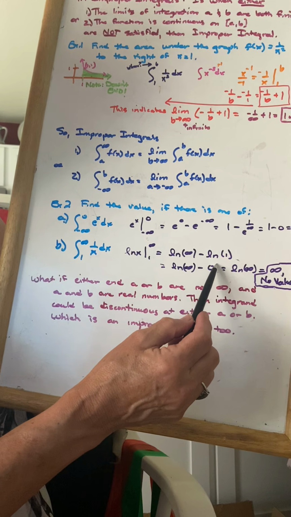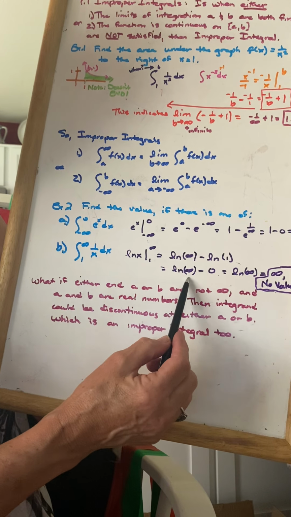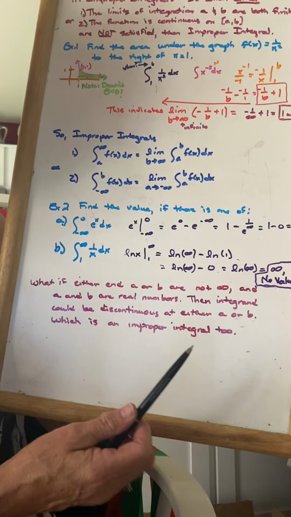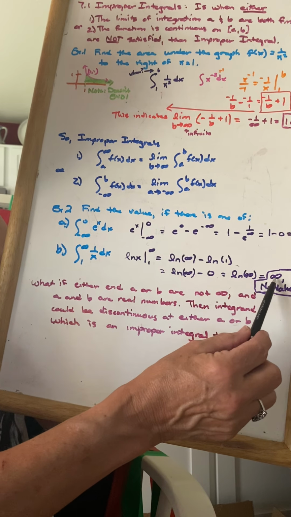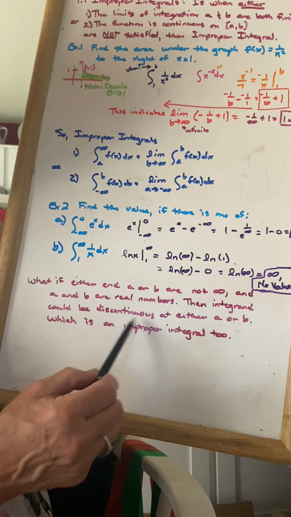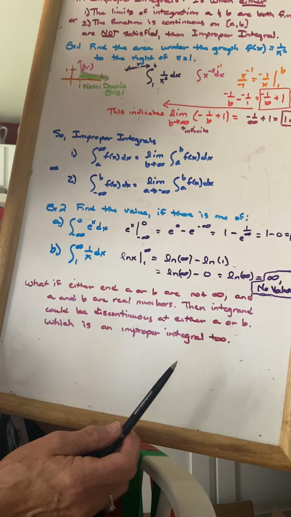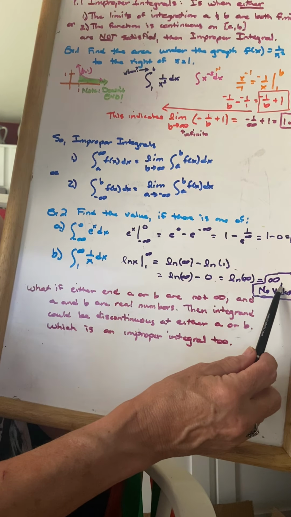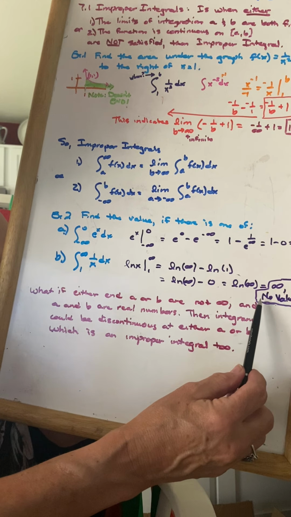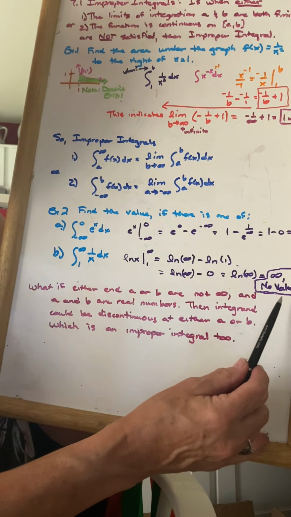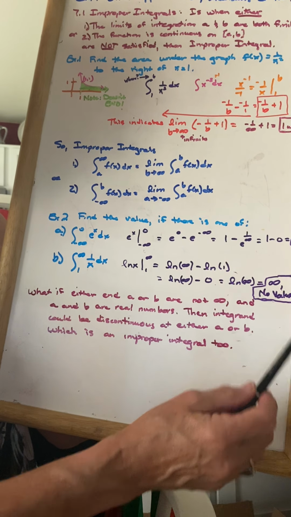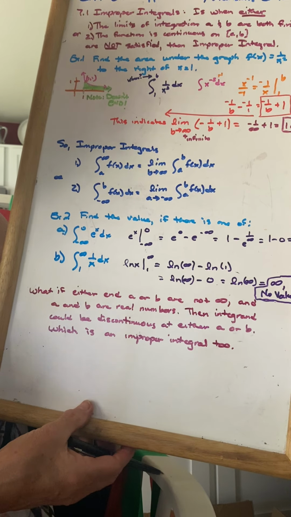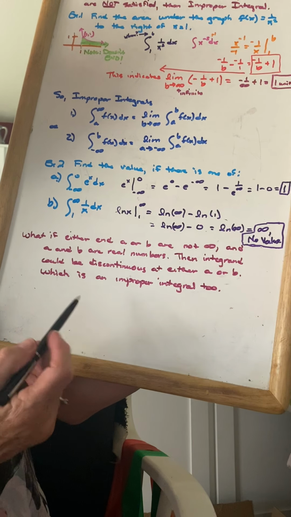Well, I know the natural log of 1 is 0, but what's the natural log of infinity? It's supposed to be a very big number, so the natural log of infinity is infinity. But what I haven't told you is that anytime you get infinity as an answer, the answer is really no value. So on an answer test, you would write infinity, comma, no value, because it's very big and you don't know the value of it.